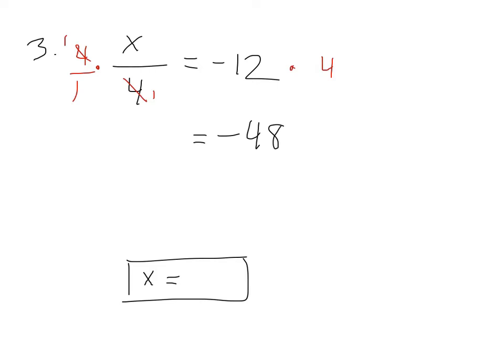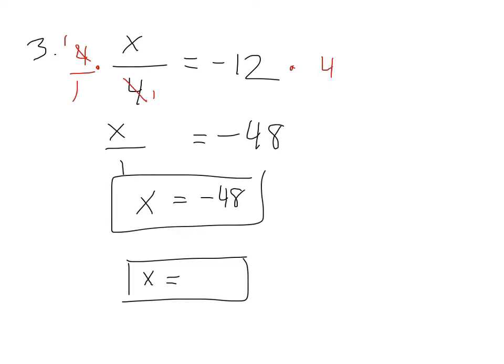And that equals, well, what happens over here? Well, we canceled and canceled. So on top, I get 1 times x, which is just x, over 1 times 1, which is 1. And if I simplify it a little further, I can just get rid of that divided by 1 and make it a regular old x equals negative 48. And you're done. So I really didn't need that box there, but you get the idea.